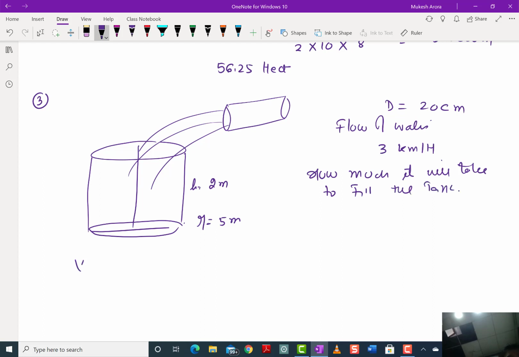First is volume of cylinder. Volume of cylinder is pi r square h, that is pi into 200 into 500 into 500 centimeter cube.